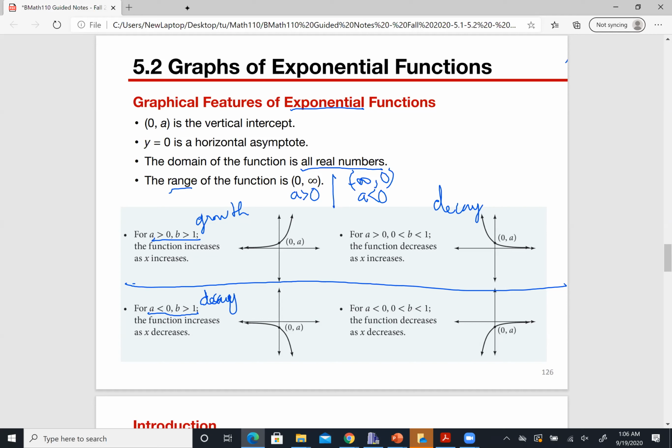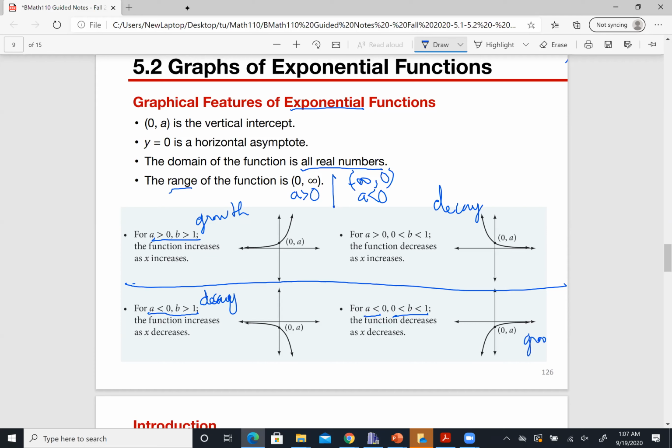The last case is a less than 0 and b between 0 and 1. Then the function is growing from negative infinity, going along the horizontal axis. So that is it.